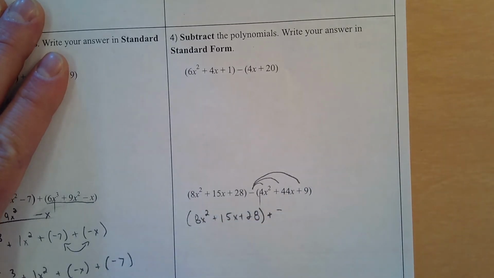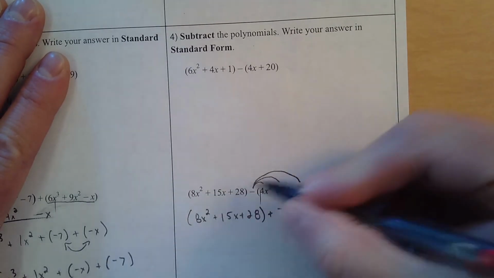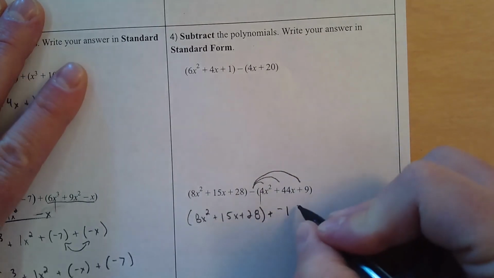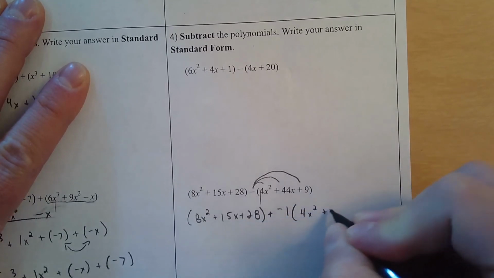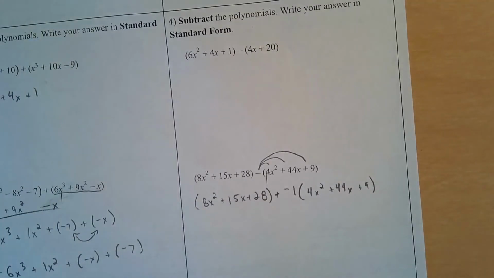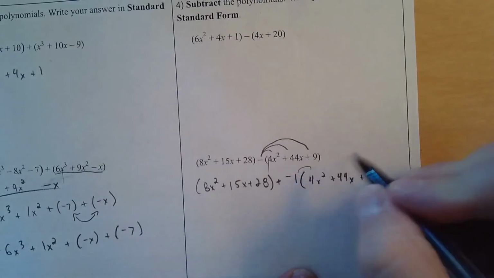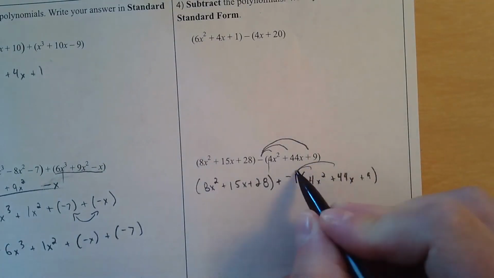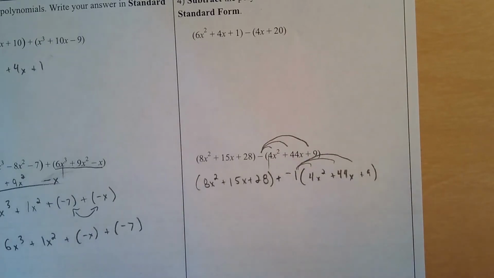But really, we could put a 1 in front of it. So it's kind of like a -1 that we're distributing to all of those things. Not sure how helpful that is, but that's really what you're doing. So we do -1 times 4x squared, -1 times 44x, and -1 times 9.